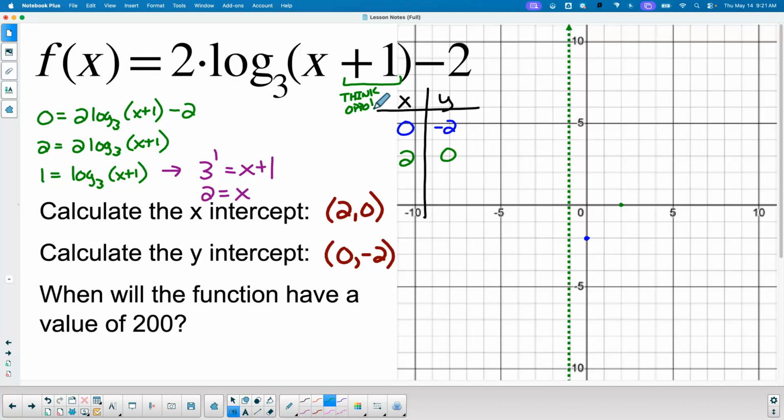Okay, so I think oppositely about that one, which means then my function, bad function, looks like that.